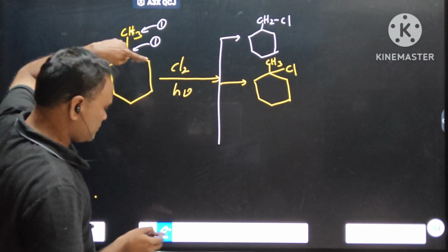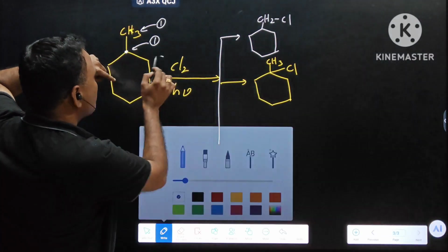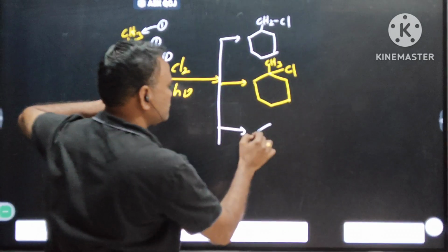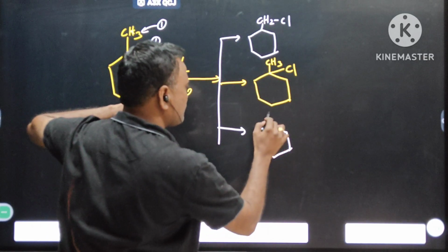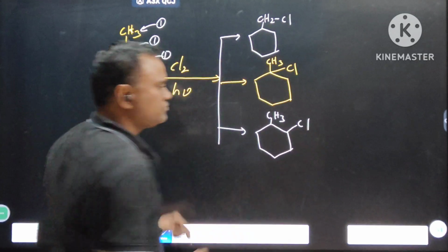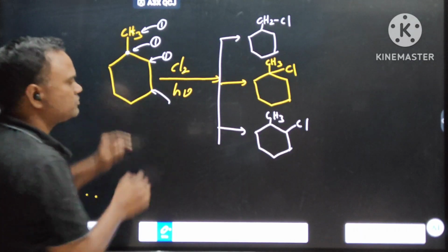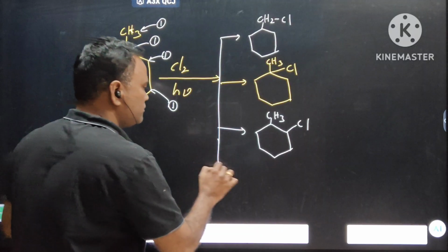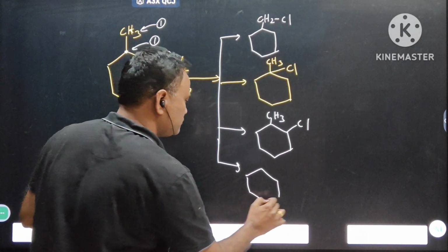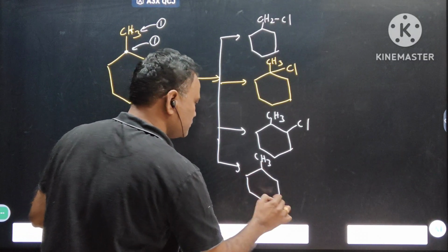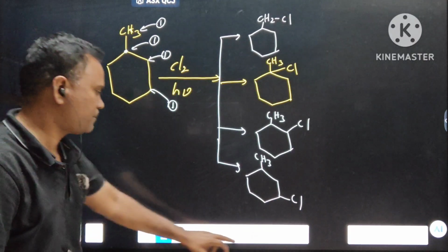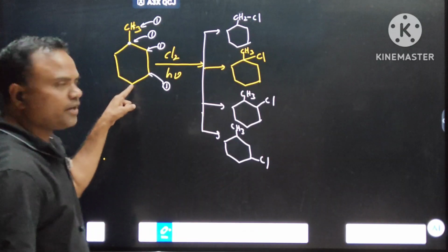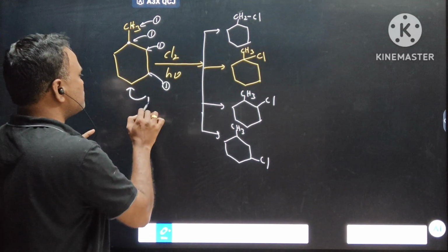Here one hydrogen is there, here one hydrogen is there. I am removing that hydrogen. Next, here one hydrogen is present, we can remove this hydrogen also.